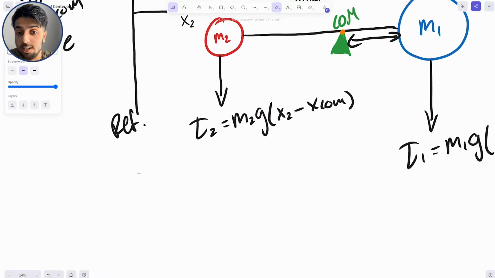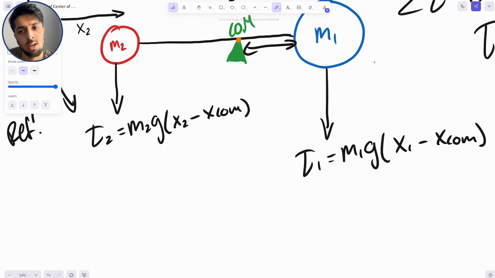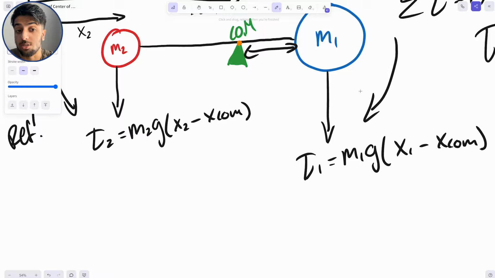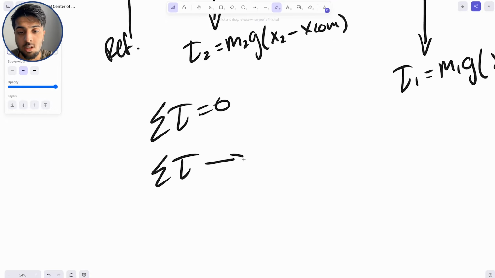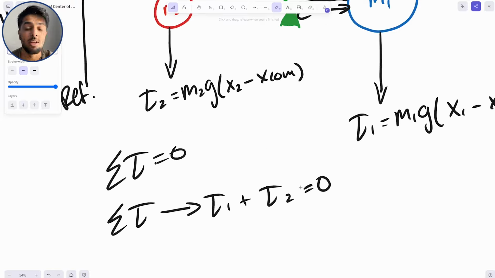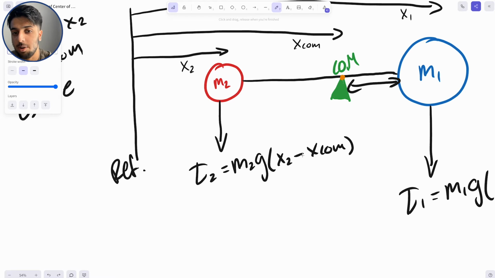The reason we want a negative value is because M2 is producing an anti-clockwise torque, whereas M1 is producing a clockwise torque. This is important because the sum of all torques must equal 0, so T1 plus T2 has to equal 0. If one of these values isn't negative, it's impossible for this to equal 0, unless both T1 and T2 equal 0, which we know in this case is not true. So using x2 minus x center of mass to give us a negative distance will give us a negative torque, which just means torque in the anti-clockwise direction.